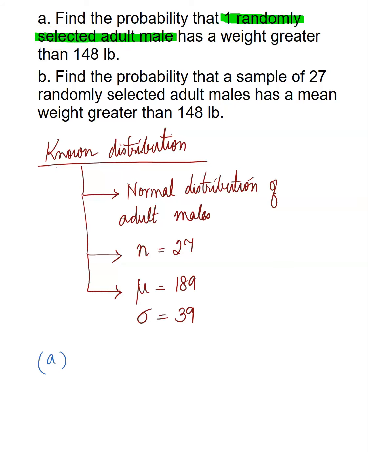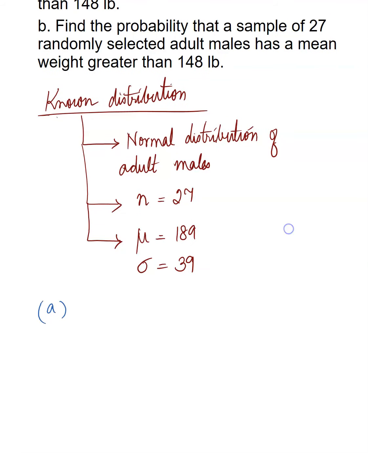So it's an individual. And if it's an individual, CLT does not kick in, right? If it's an individual, a regular normal distribution works. So one randomly selected male is an individual.